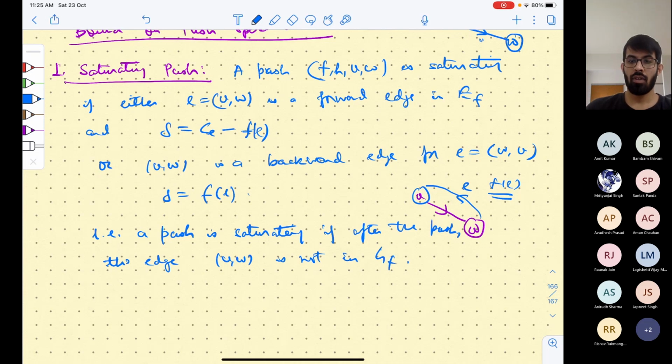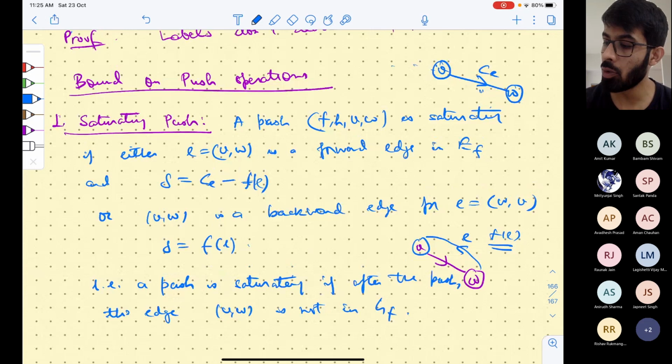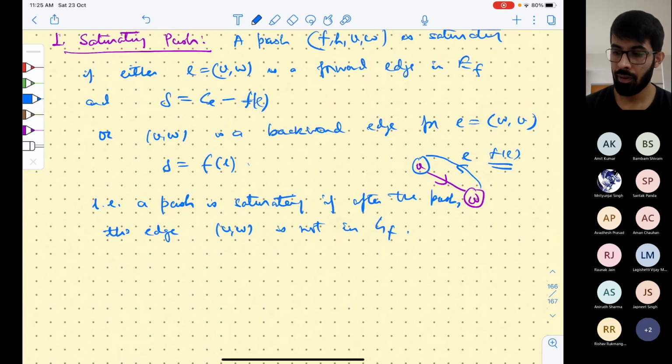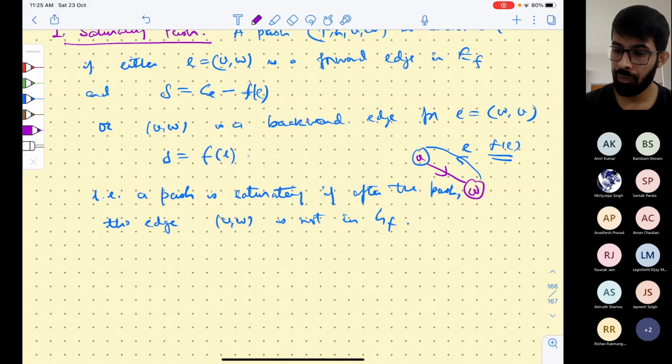In the forward case, vw will not be in Gf because you have filled it to capacity already, so you can't push on it anymore. And here there is nothing to push back because you have put the flow value to be 0 on the edge e, and that is why there is nothing to push back from v to w. Okay? Is the definition of saturating push clear? That the edge vw will not remain in the residual graph. Yes, sir, it's clear. Okay, good.